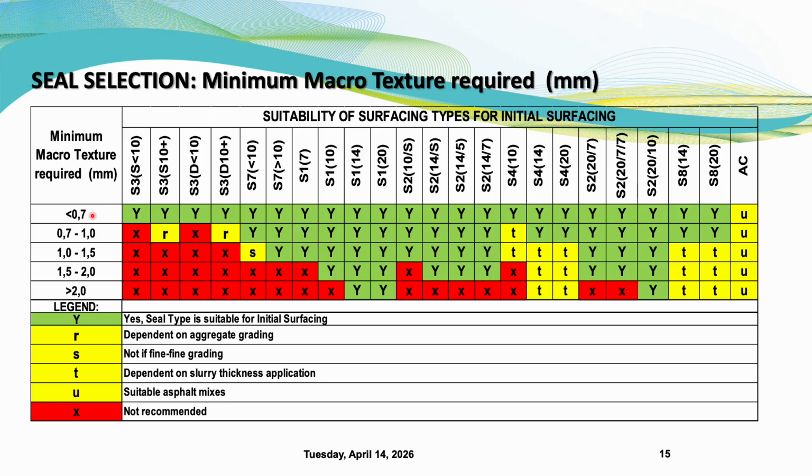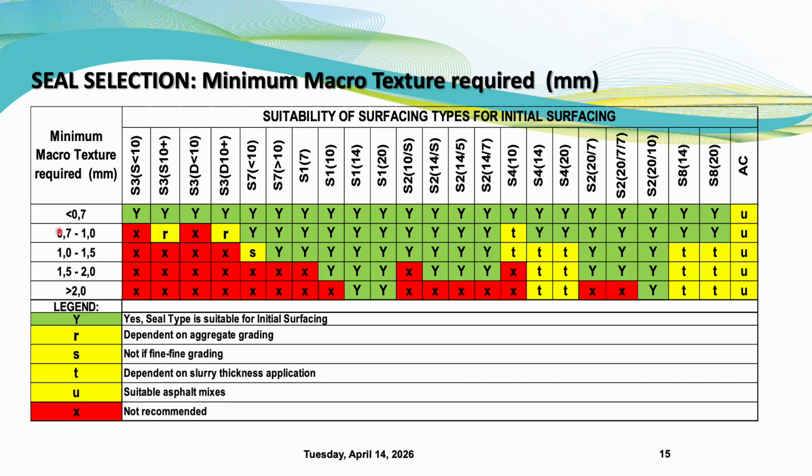If you want a real coarse structure, a macro texture which is higher than 2, be careful for certain types of seals. The S1, single seal 14 and single seal 20 are good choices, or the double seal 20/10. That is if you want a coarse texture.